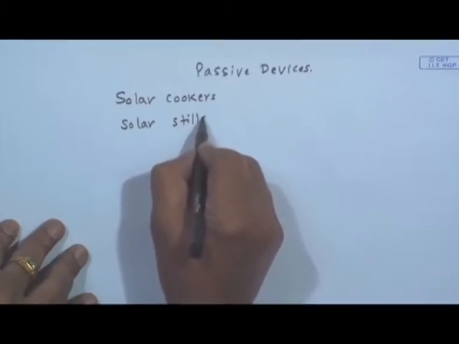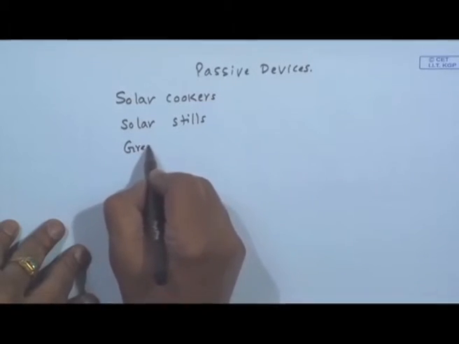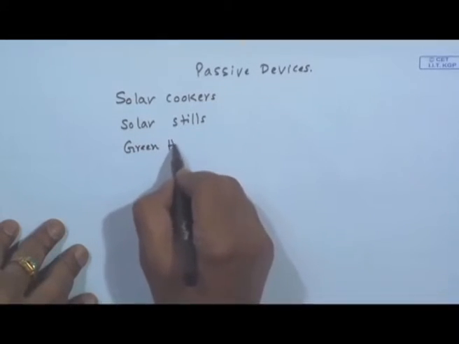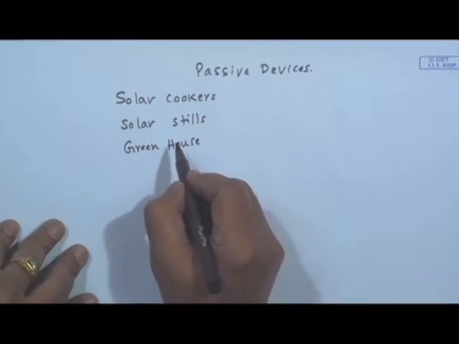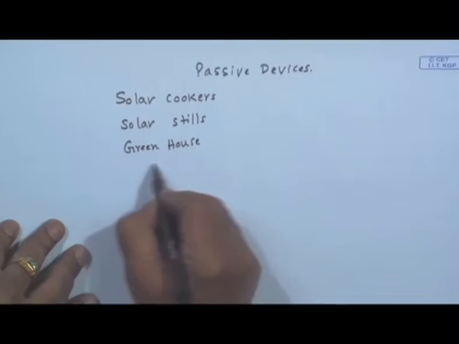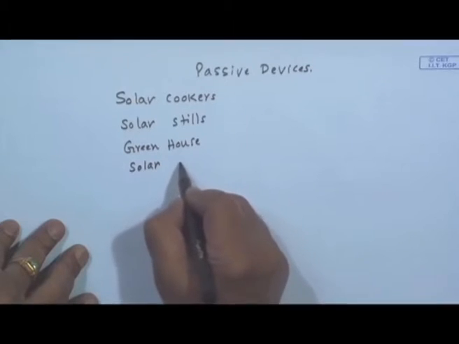This is desalination, produces distilled water. Greenhouse, this can be used in conjunction with a house to keep the house warmer or plants surviving in severe winter, or can be used even as a drying mechanism for something like coffee, tea.